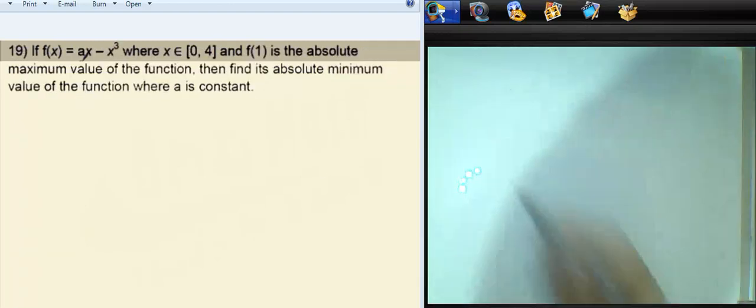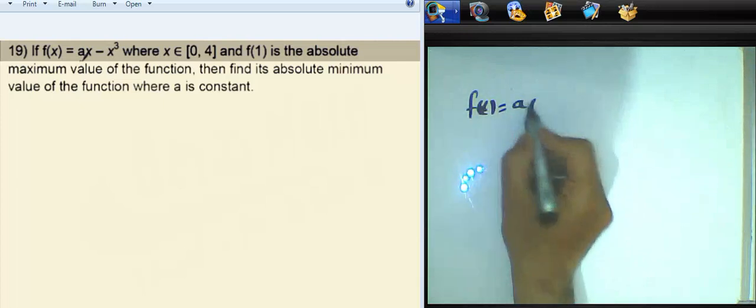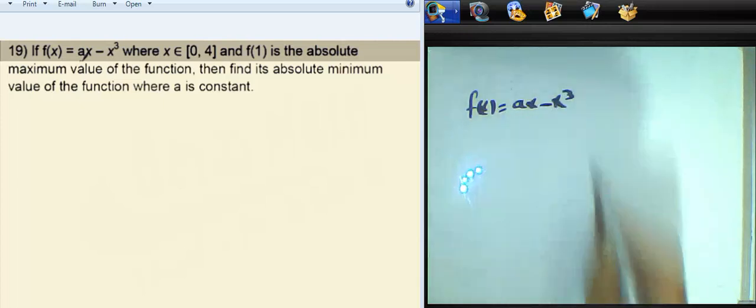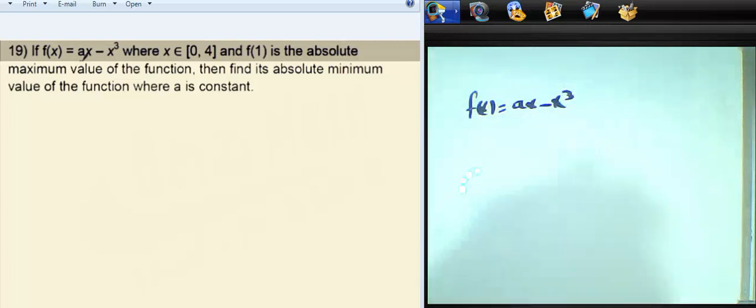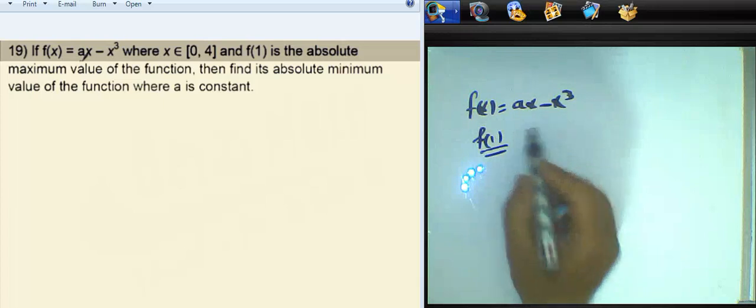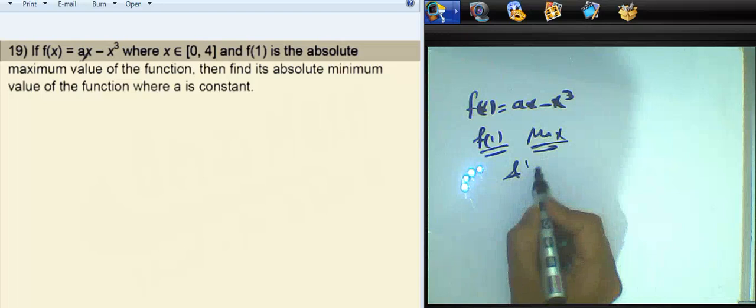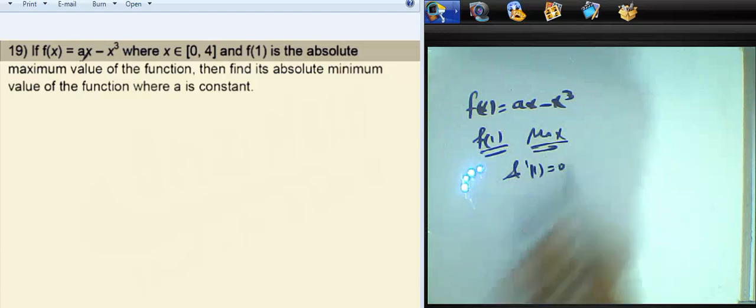Question 19. If f of x equals ax minus x power 3, where x belongs to the interval from 0 to 4, and f of 1 is the absolute maximum value of the function, f of 1 is what? The absolute maximum means f dash of 1 will be equal 0.